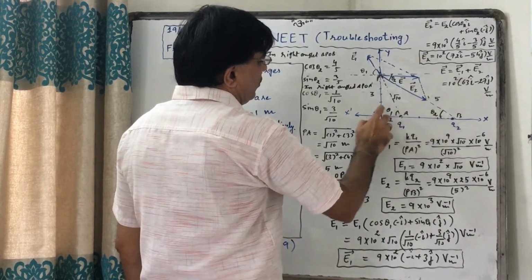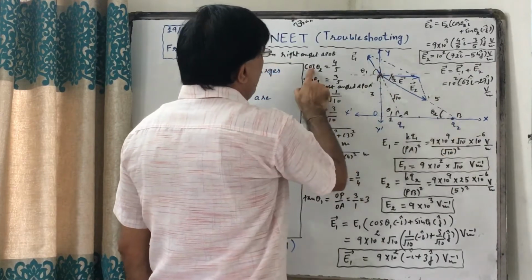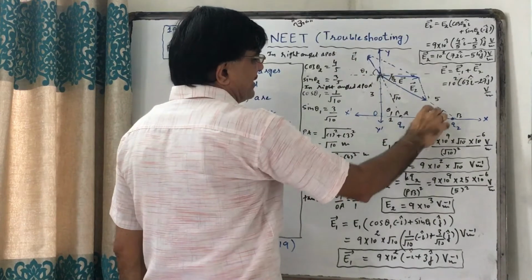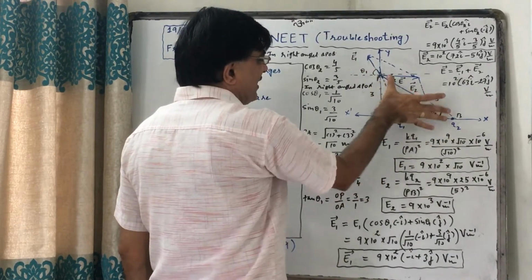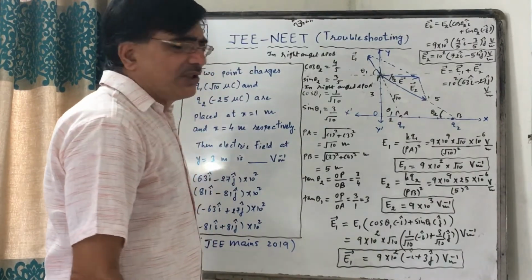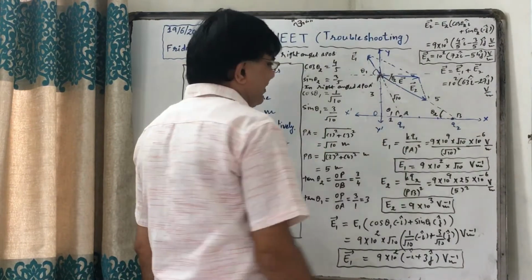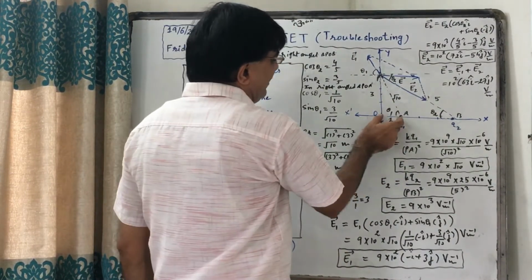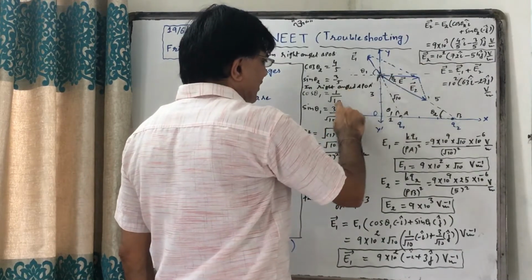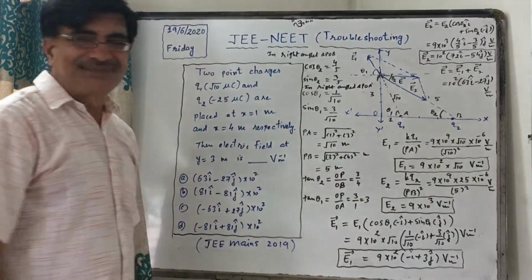In right angle triangle POB, cos theta 2 will be equal to adjacent side upon hypotenuse, and sin theta 2 will be equal to opposite side upon hypotenuse. So cos theta 2 equals 4 by 5, sin theta 2 equals 3 by 5. In right angle triangle POA, cos theta 1 will be equal to adjacent side upon hypotenuse, that is 1 by root 10, and sin theta 1 is opposite side upon hypotenuse, that is 3 by root 10.